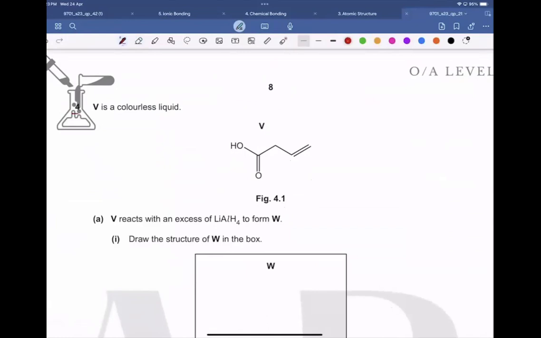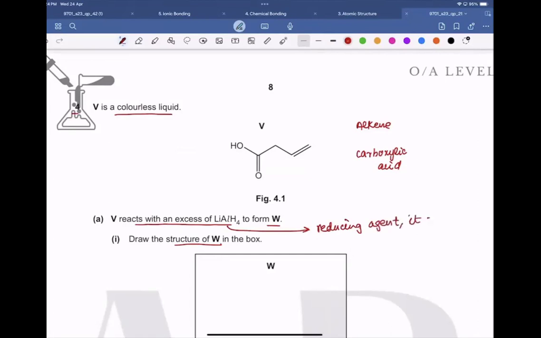Now, question number 4. V is a colorless liquid. If you see V, in V there are two functional groups, one is alkene and the other one is carboxylic acid. V reacts with an excess of lithium aluminum hydride to form W. Draw the structure of W. So if you recall, it's a reducing agent, right?